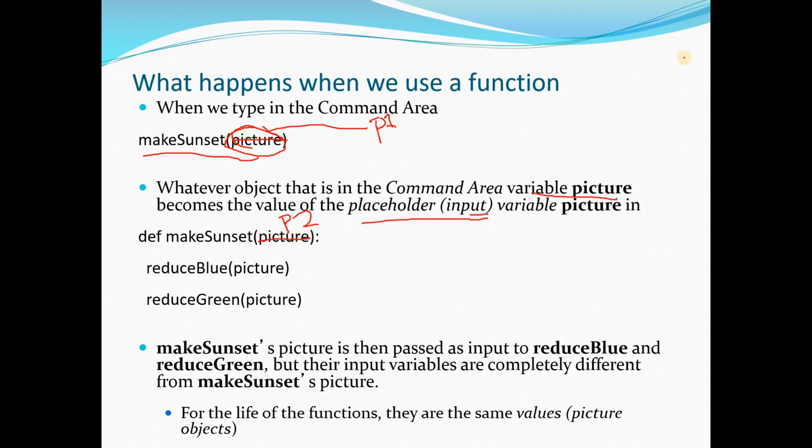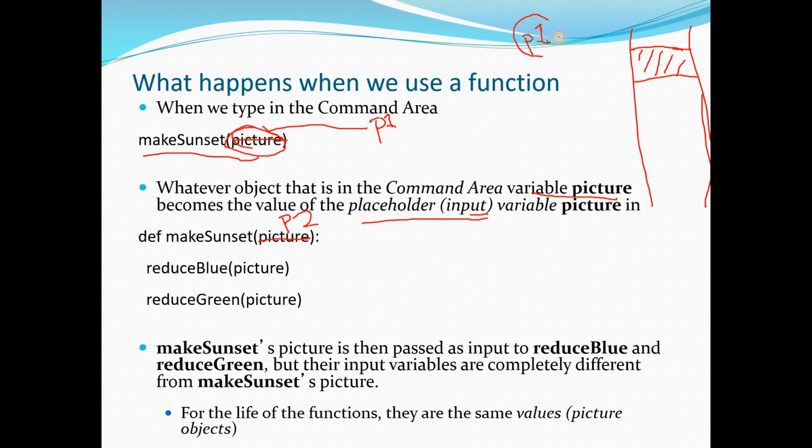Remember in the memory how these things work. If this is your computer memory, there is a memory location. This represents the data, your picture. There will be a variable that will point to this location, P1.